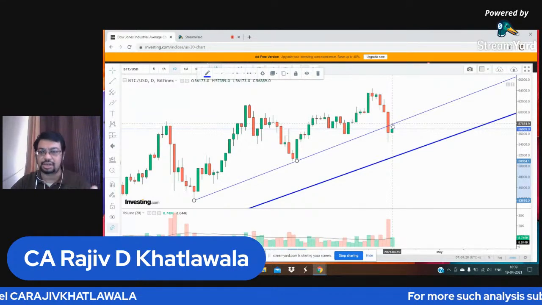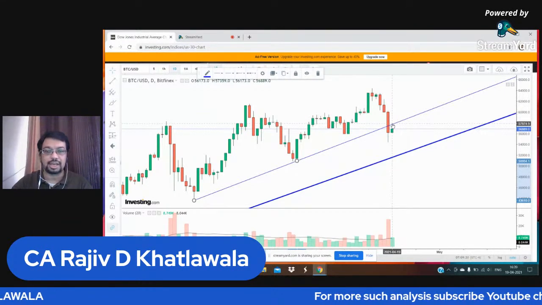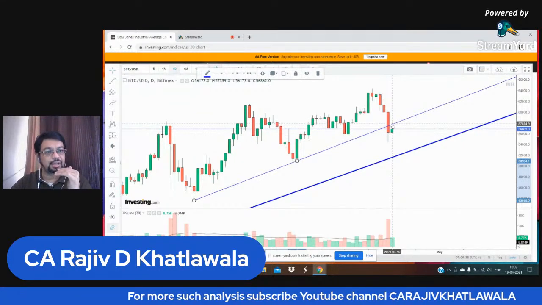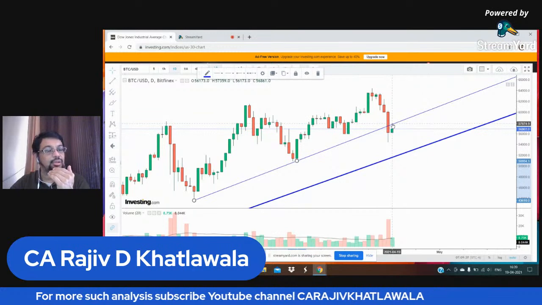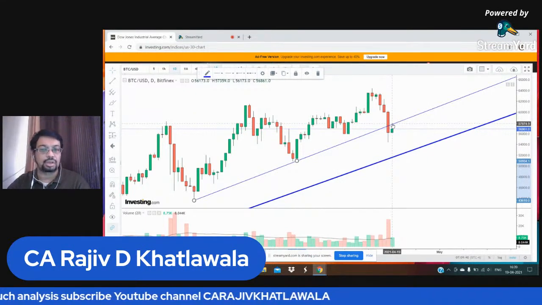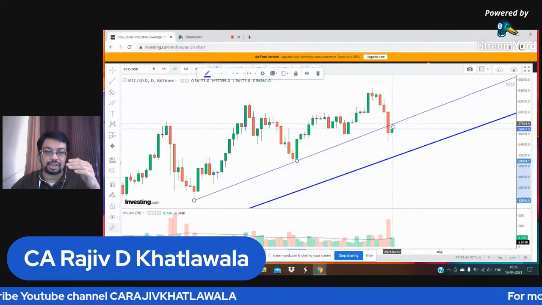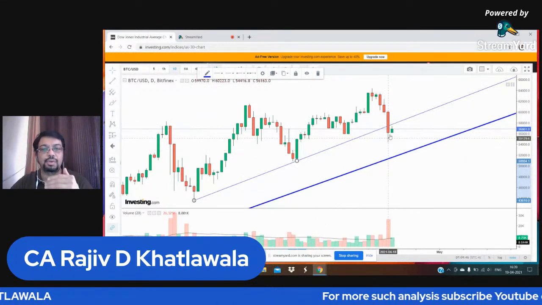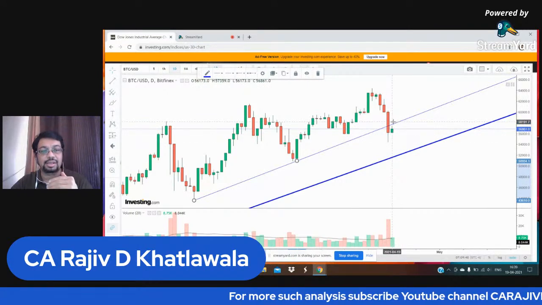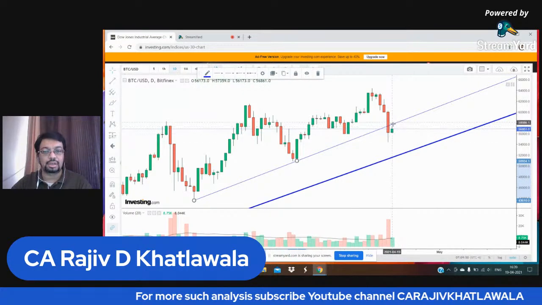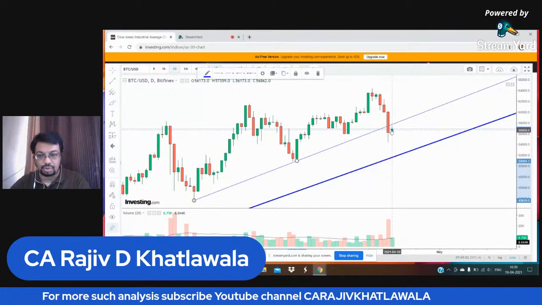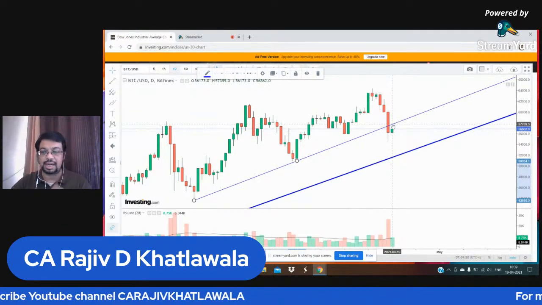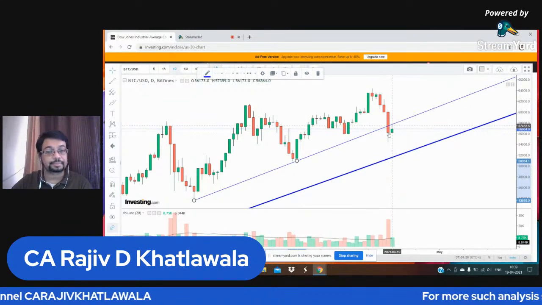In my trend line section on Udemy, I have indicated that trend lines, once they are broken, will act as a counter trade. So if it is a support line, as in this case, and it is broken, then subsequently it will act as a resistance. So today and tomorrow we may see some resistance near 57,800, 58,000.